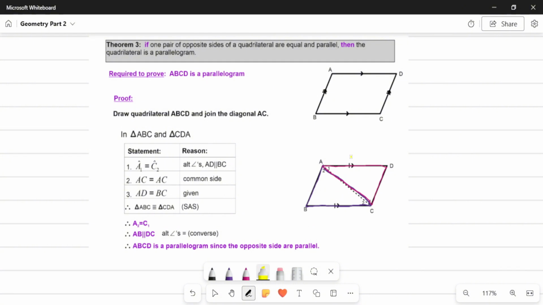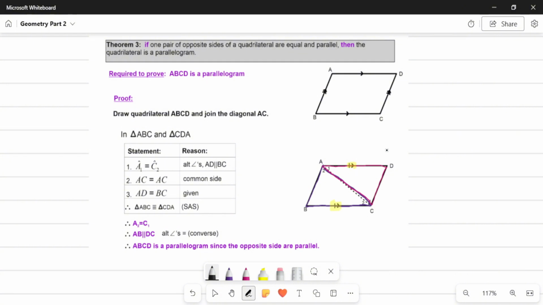Let me reiterate that. I'm starting off with a quadrilateral, and I'm given that there's one pair of opposite sides equal and parallel. If I can prove that the other pair is parallel, then by extension I have two pairs of opposite sides that are parallel. Therefore, I have a parallelogram using the first theorem.